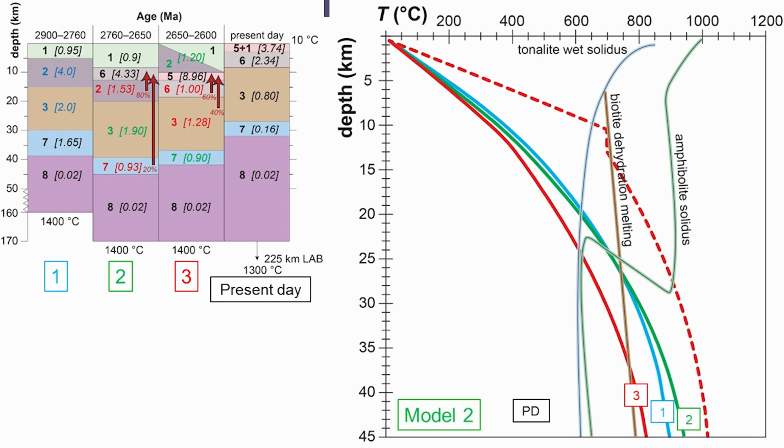And obviously, the exact locations of these melting curves are going to change, depending on slight differences in water content and composition. But what we're looking for is where the geotherms cross over these solidi in order to think about depths or conditions of melting.